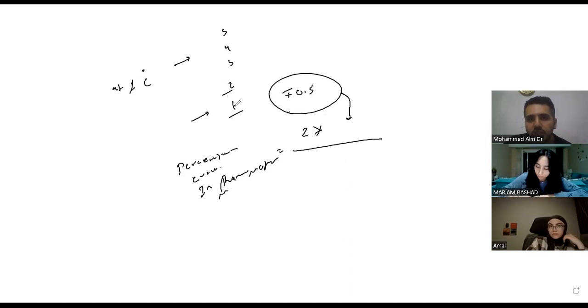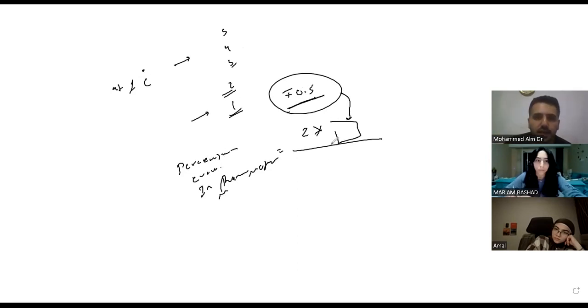If the calibration is 1, 2, 3, we multiply by 0.5. Each question has its unique number that we put here, and this will be mentioned in the question. The calibration must be mentioned in the question, so you know the uncertainty of this thermometer.